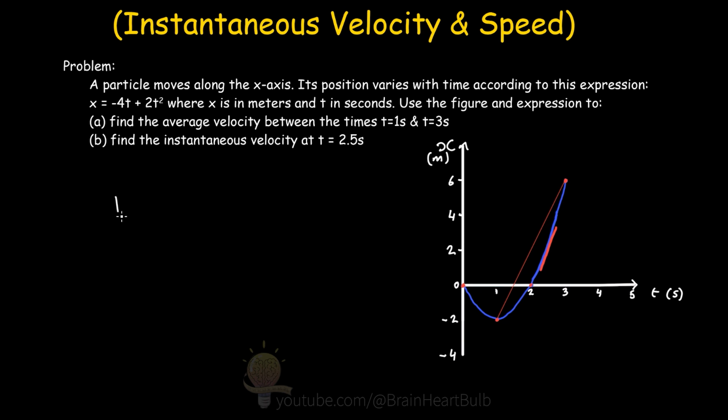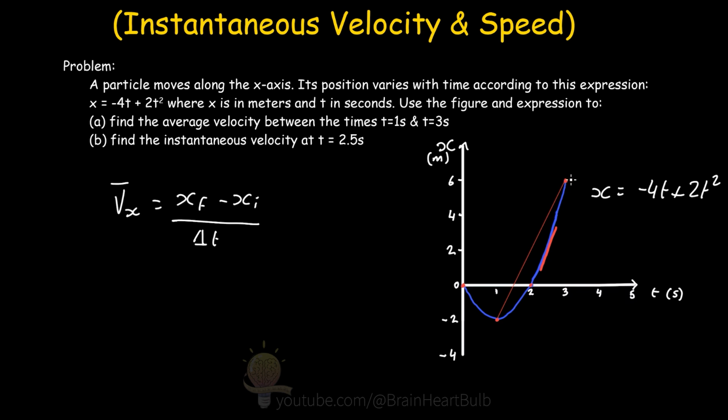So I have mentioned in previous lessons that the average velocity is equal to the final position minus the initial position over some length of time, delta t. So our particle's motion is explained with the blue curve here, which relates to this expression, x equals minus 4t plus 2t squared.